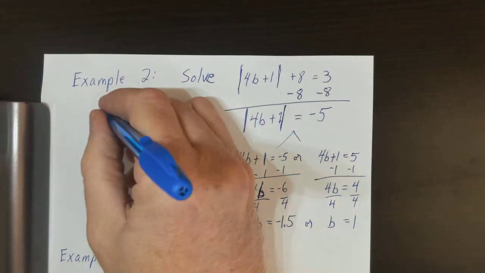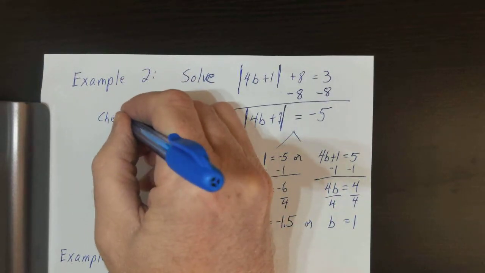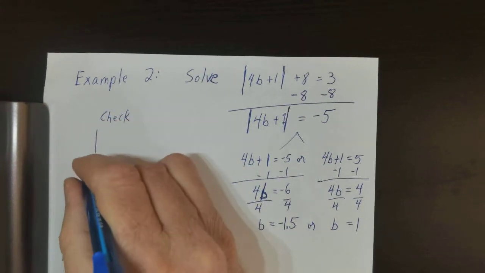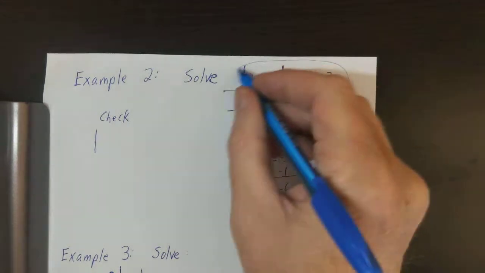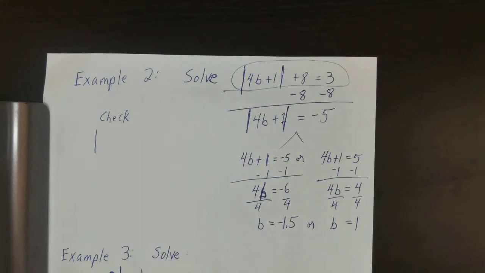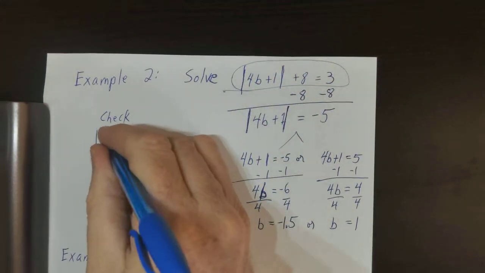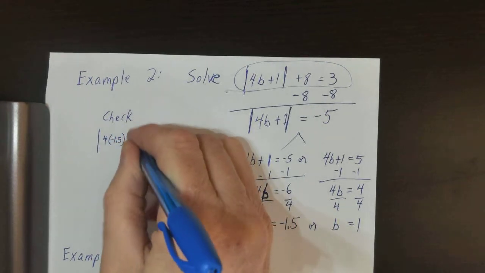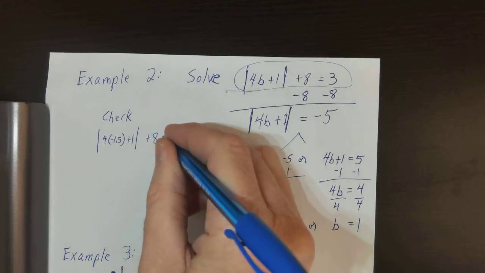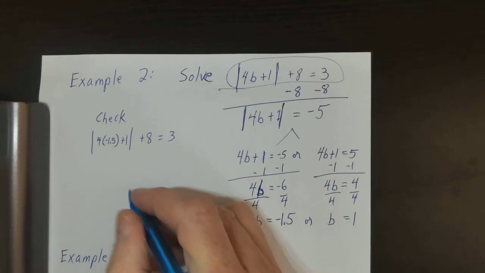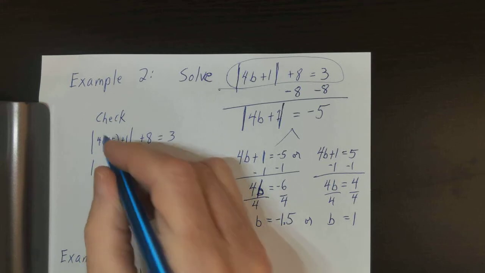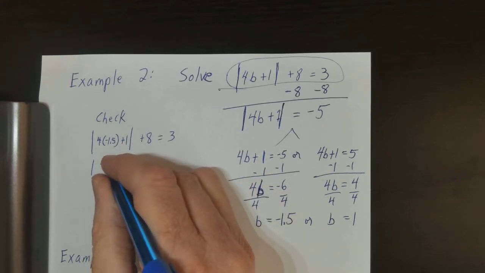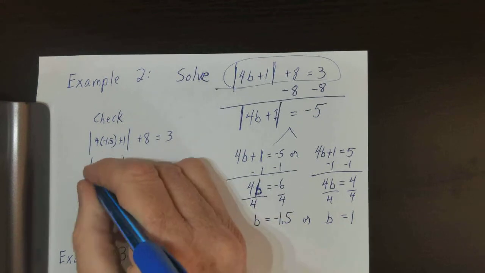Now the checking part. Let's check negative 1.5. I'm checking in the very original equation. The absolute value of 4 times negative 1.5 plus 1, and then add 8 to that, will equal 3? Well, 4 times negative 1.5 is negative 6. Negative 6 plus 1.